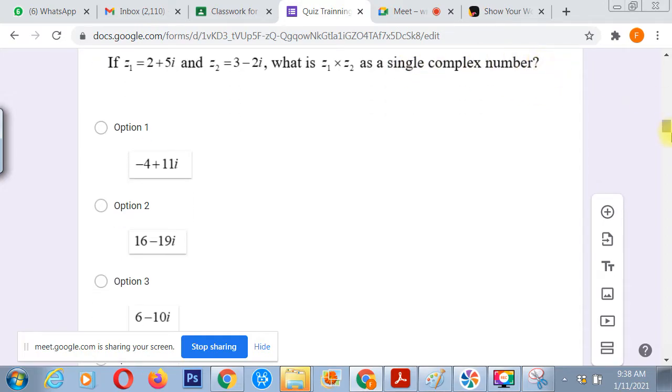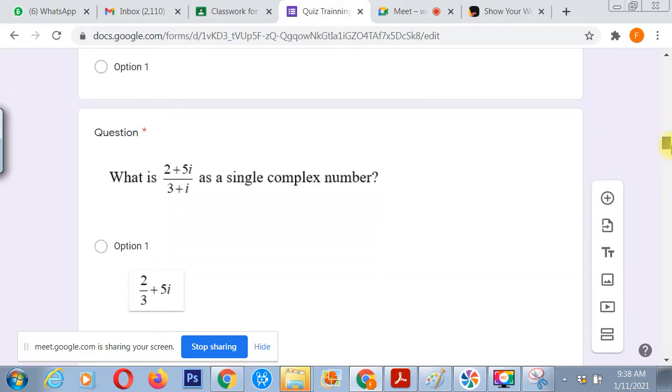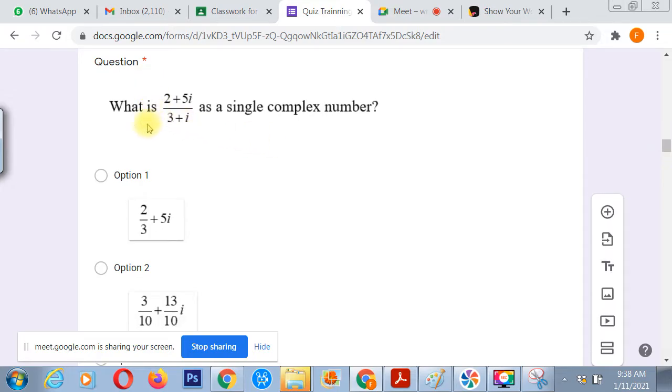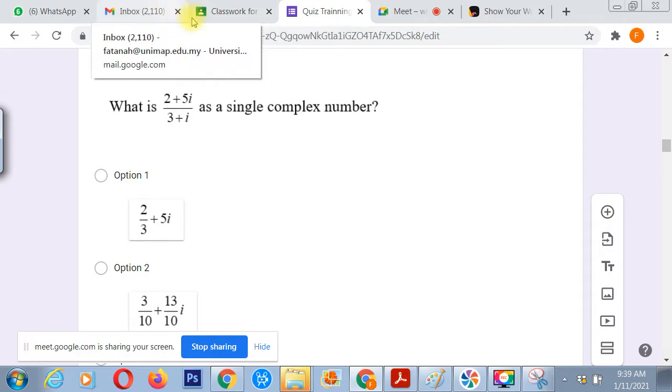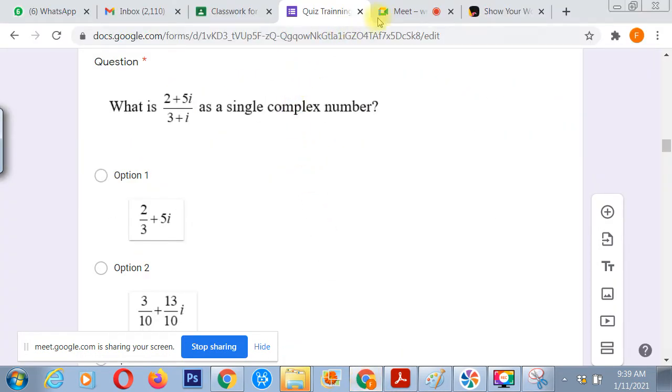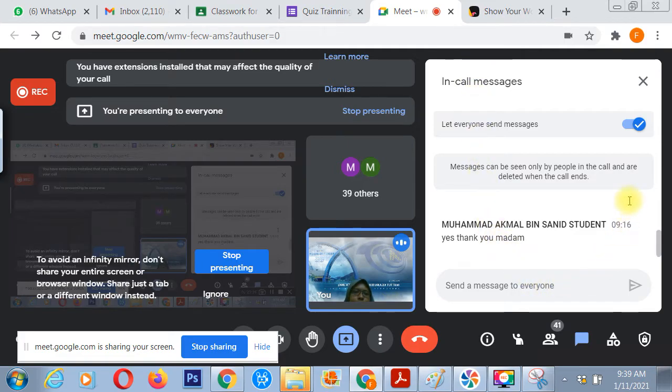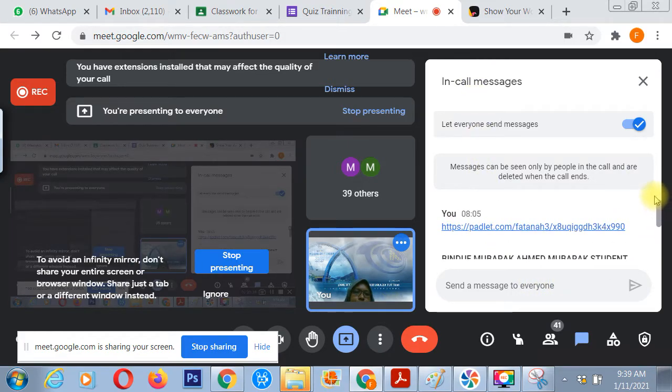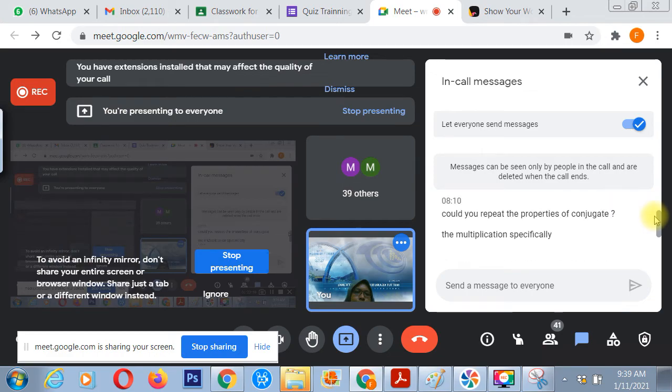A single complex number a plus bi. So here, somebody asked for conjugation, right? Conjugation. So conjugate. Okay, properties of conjugate.